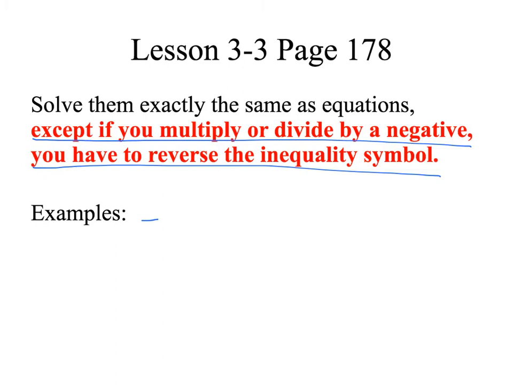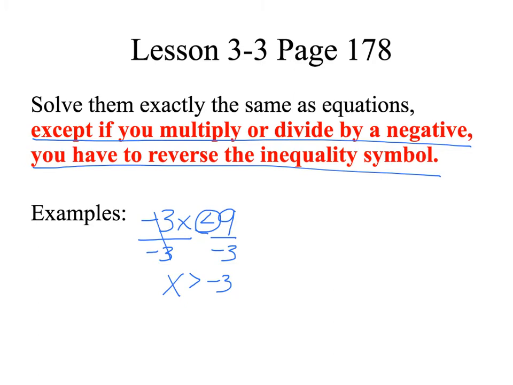So if we have negative 3x is less than 9, you're going to divide both sides by minus 3. When you do that, if it was less than, you have to flip it to greater than, because a positive divided by a negative is going to become a negative.